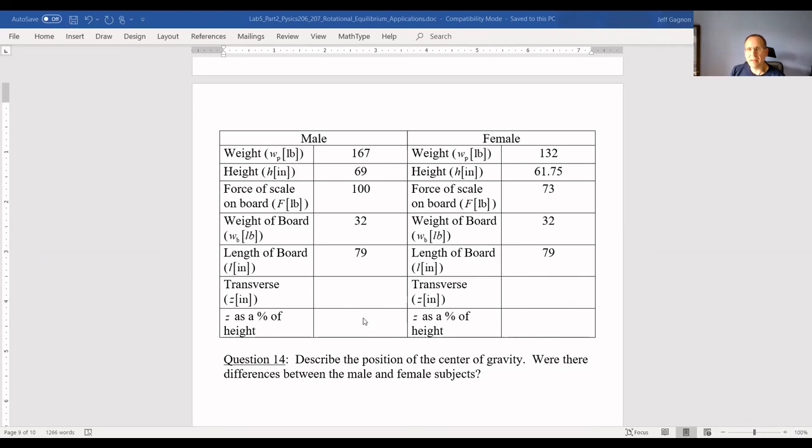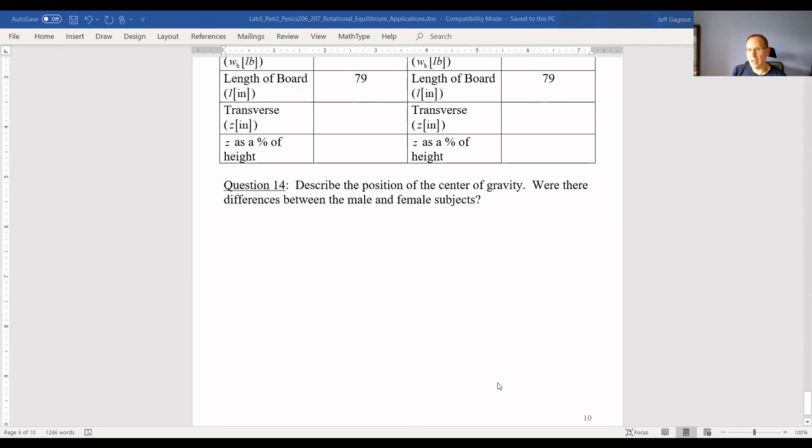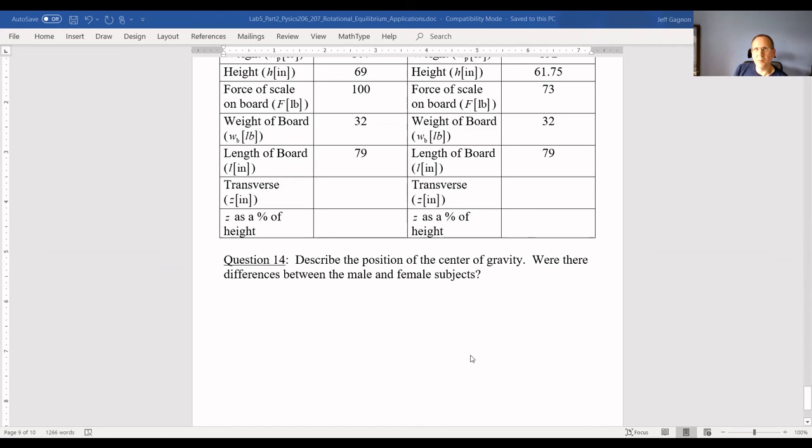So by looking at the answer here, especially the relative measure, Z as a percentage of height, were there differences? Okay, and then does that make sense? Right, was one a greater percentage than the other? And what do you know, like if you think about the general population, do you think males or females typically have a, let's say, lower center of mass or center of gravity, right?